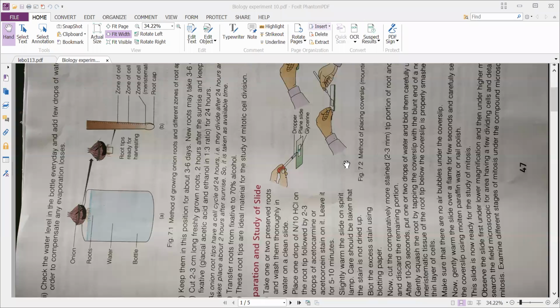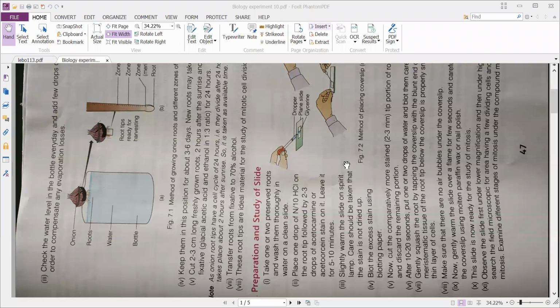Experiment number 10, aim: to study the mitosis in an onion root tip by temporary mounting.